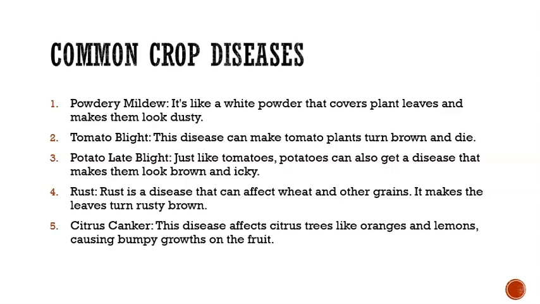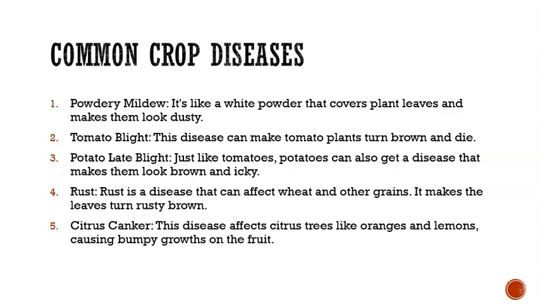And we said the causal agent is what makes plants sick, right? It can be tiny living things like germs, which are bacteria and viruses, or even small creatures like bugs. Sometimes it's bad weather, right? Or other things that hurt the plants.